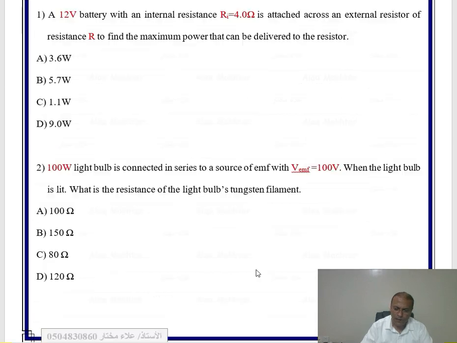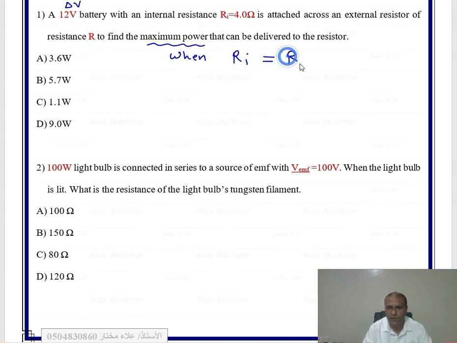The first question. A 12-volt battery ΔV with internal resistance 4 ohm is attached across an external resistor of resistance R. Find the maximum power that can deliver to the resistor.